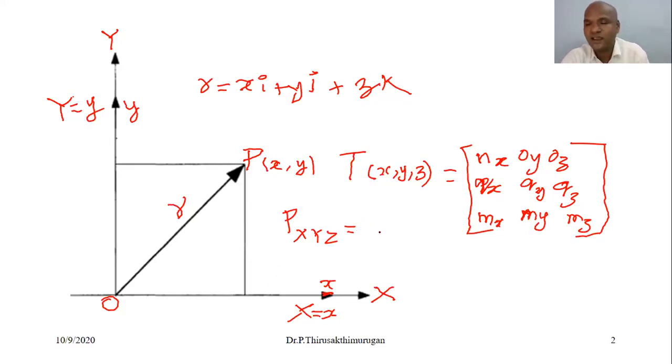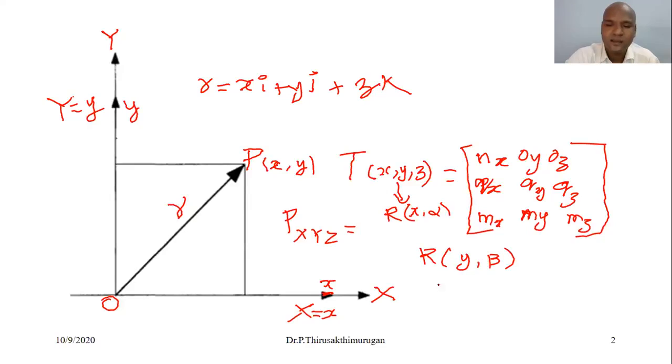If it is only rotational, the transform matrix becomes R of x comma alpha, R of y comma beta, R of z comma gamma. So these are all matrix representations of rotation.